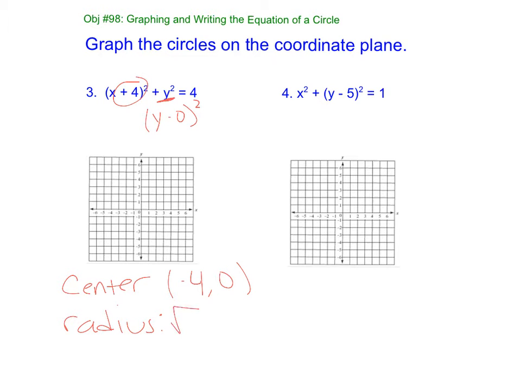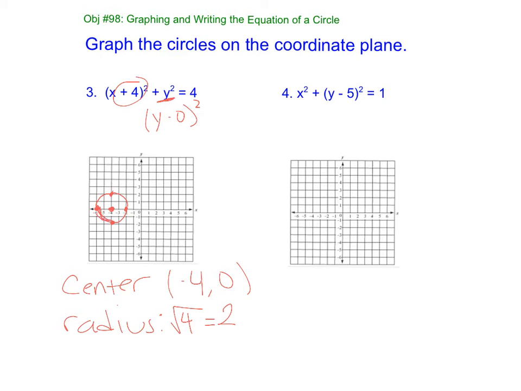And then my radius is the square root of 4 again. The square root of 4 is 2. So I'm going to plot my center, negative 4, 0, and I'm going to go 2 in every direction. 2 to the right, 2 up, 2 left, and 2 down. And we're always counting from the center because the distance from the center out is always the same.